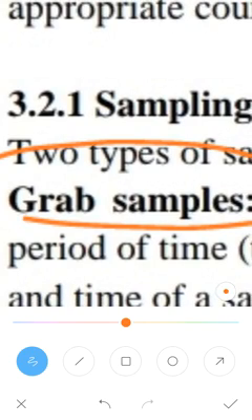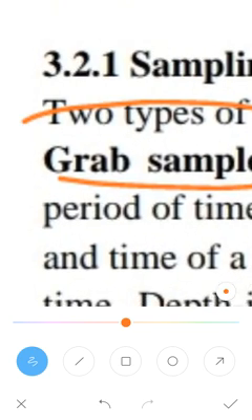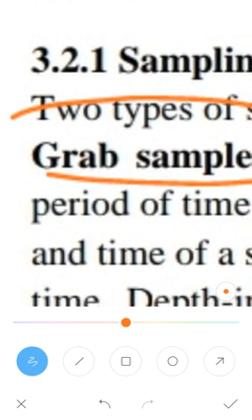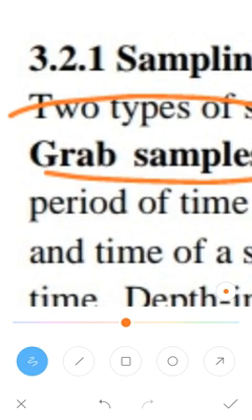So these grab samples are a single collected sample at a site or over a short period of time. It may be a few seconds or a few minutes. They represent both the space and the time of the sampling.